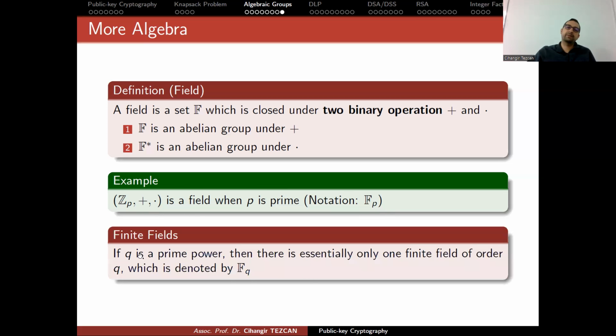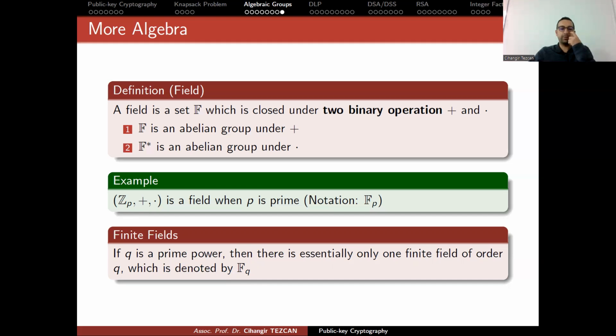The answer is yes. If q is a prime power, then there is essentially only one finite field of order q, which is denoted by Fq. So this means that you have a field when p is prime or when it is a prime power, like 3 to the power 5.